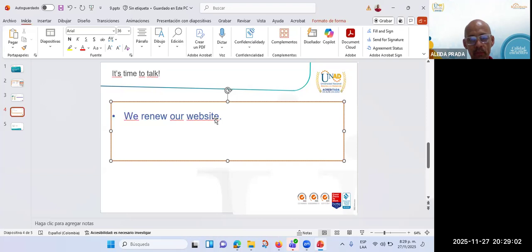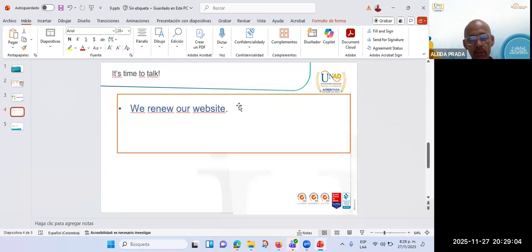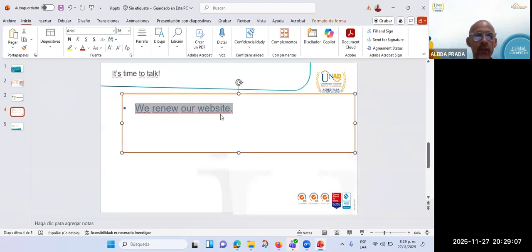Look at this. Here, the sentence is in simple present. No? The verb renew is in present. We want to change this sentence to negative form.